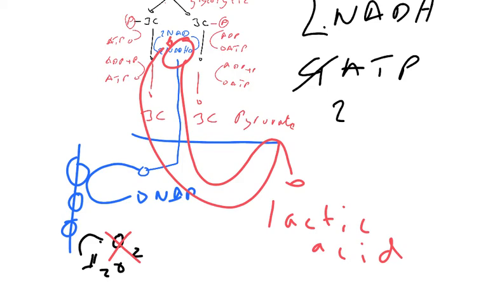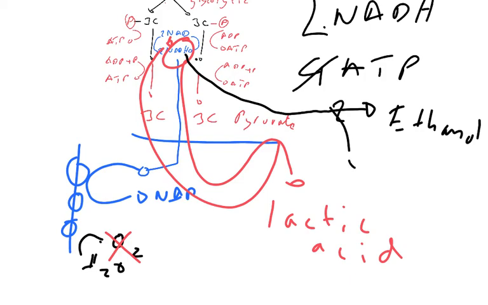In plants, there's a slightly different mechanism. So in plants and yeast, again, we've got anaerobic respiration, and this involves taking the NADH, sticking the electron onto the pyruvate, and it produces ethanol.